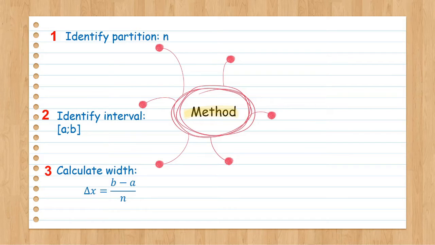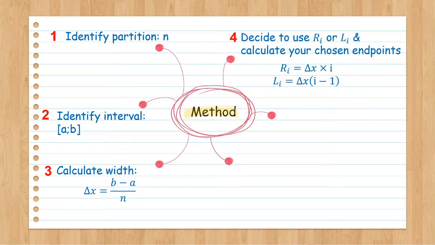Calculate the width of the rectangle, which is equal to change in x, which equals (b minus a) over n, where b is your upper bound, a is your lower bound, and n is your partition. Step 4. Decide to use right endpoints or left endpoints. And after you have decided which one you want to use, you must calculate your chosen endpoints.